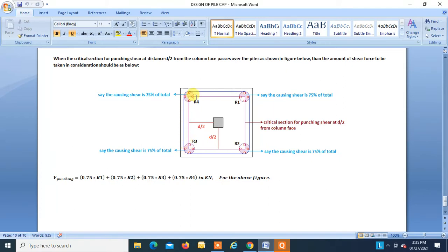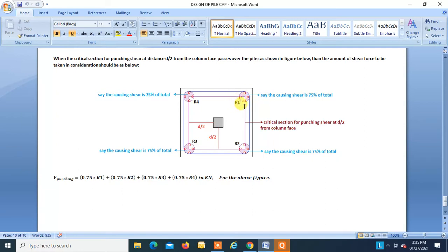Assuming that the critical section for two-way shear was falling on the piles, then only this shaded portion will be the cause of the shear force acting on the critical section, that is d by 2. Say this shaded portion is 75% of the total.